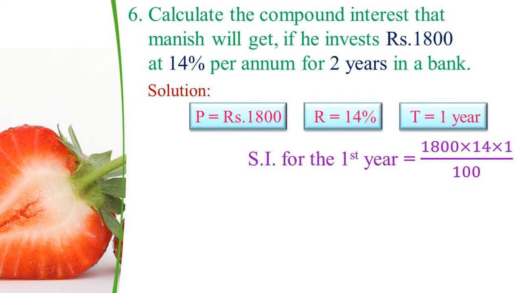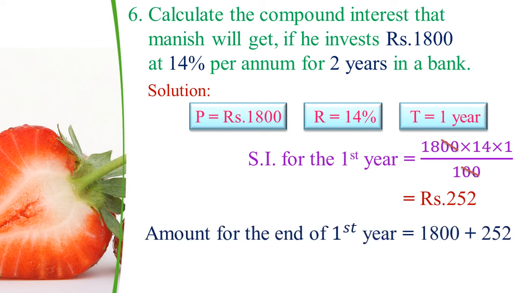Here the principal amount is 1,800 multiplied by R is 14 multiplied by T is 1 by 100. Here two zeros and two zeros get cancelled out. Then multiply 18 and 14 and 1. We get the simple interest for the first year is rupees 252.